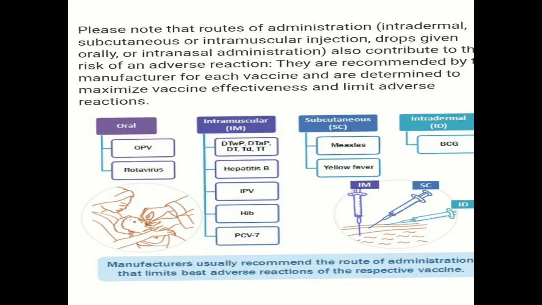Immunosuppression and pregnancy are contraindications, and rubella is also one of the pubertal vaccines. The other pubertal vaccines are the human papilloma viral vaccines, Cervarix, which come under the adolescent age vaccines. So this is about the measles, mumps, rubella vaccines.